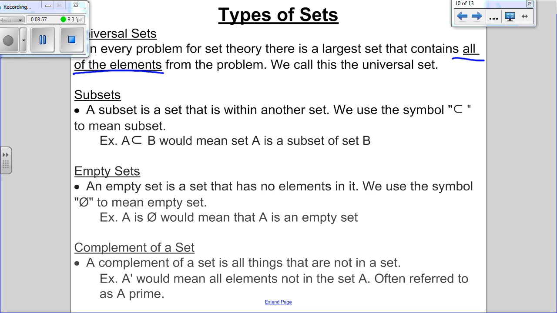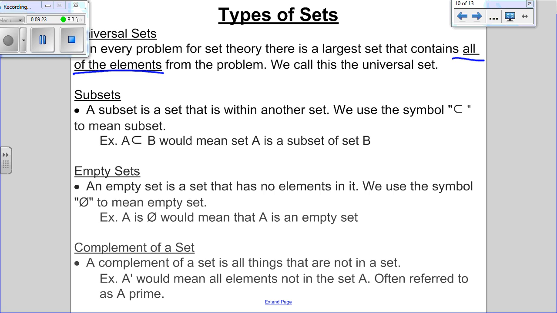Like a subset of subsets. Exactly. So then you could have a set within a set. If I was talking about the set of females, and then the set of females with brown curly hair, that would be a group within the group. So it'd be a subset of a subset. And it could keep going all the way down into however many subsets.